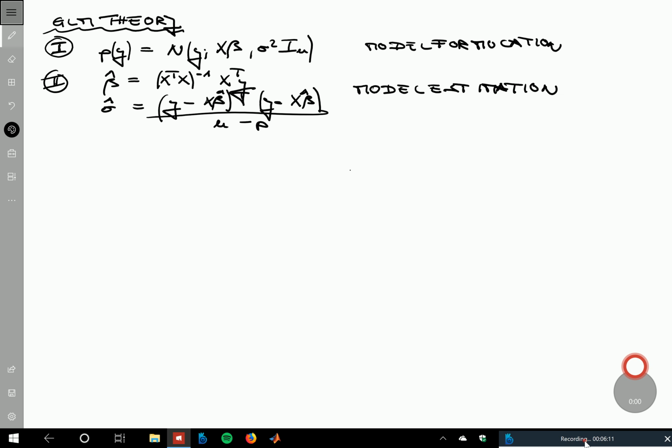And once we briefly talked about those, we have to talk about the parameter distributions, which are given by these equations.